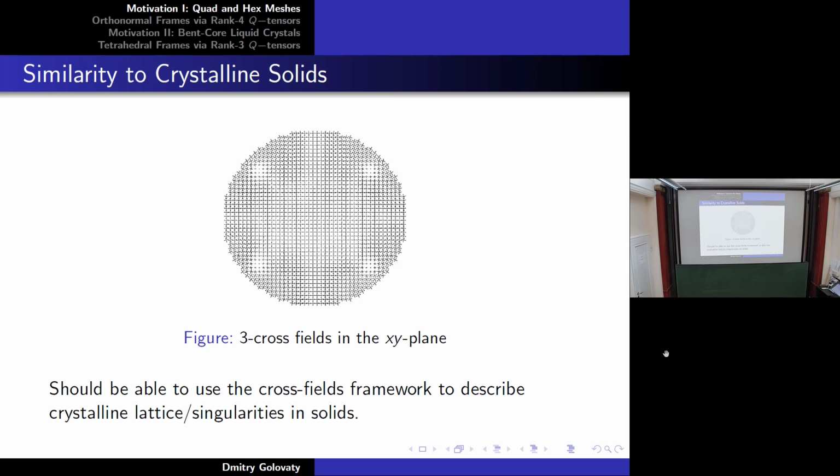This configuration, again, for topological reasons, will have 4 disclinations. So that means that, in a sense, the process of filling out a 3-dimensional domain with an orthonormal frame field or a 2-dimensional domain with a cross field is sort of analogous with trying to fit into such a domain an orthonormal or a square lattice.